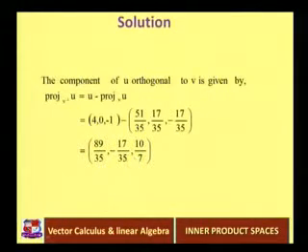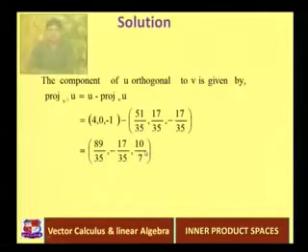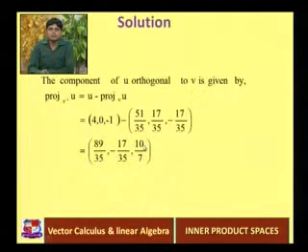So here we saw how to find the orthogonal projection of a vector along another vector, and the component of that vector orthogonal to that vector. Students can also find the orthogonal projection on a subspace.